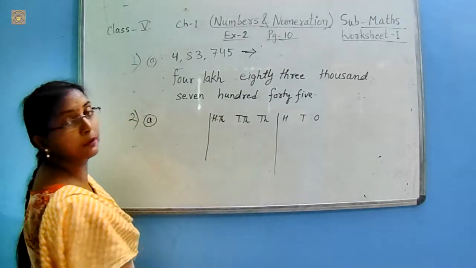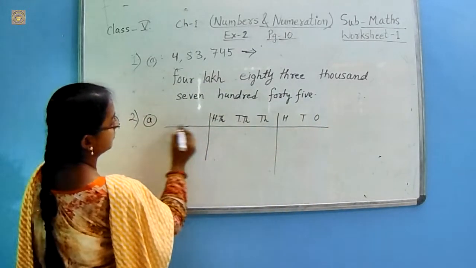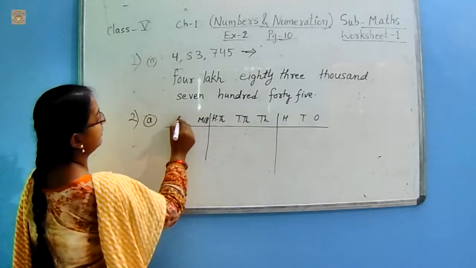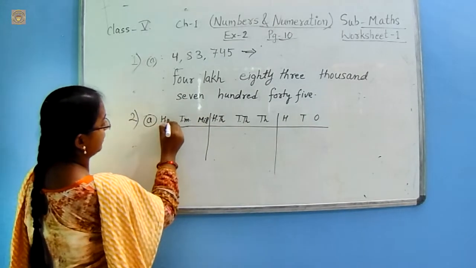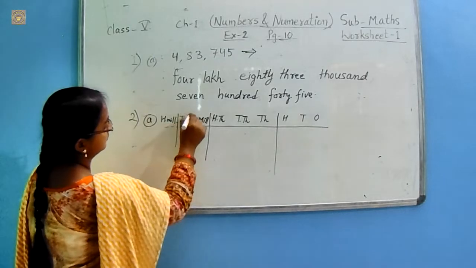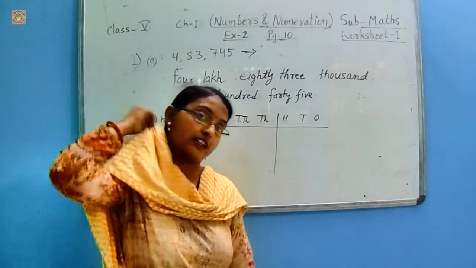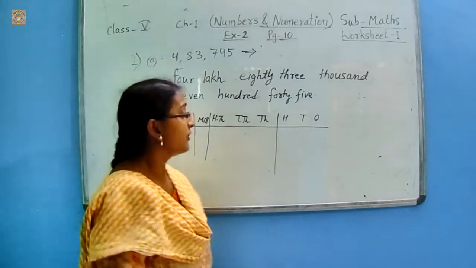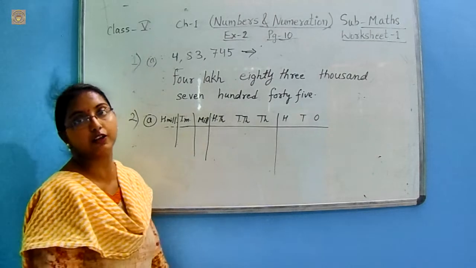Now it will proceed as million, then 10 million, and the next one is 100 million. So if we get large numbers, we do not have to hesitate. We simply put them in the international place value system.